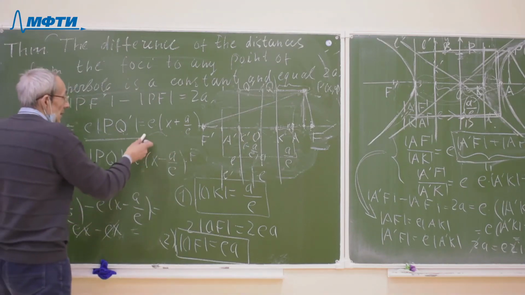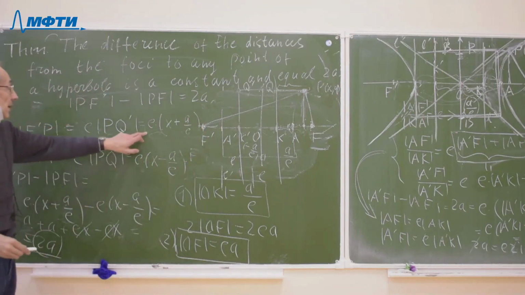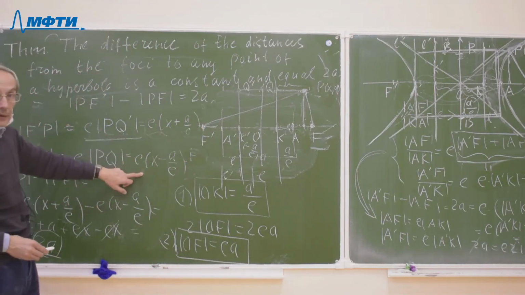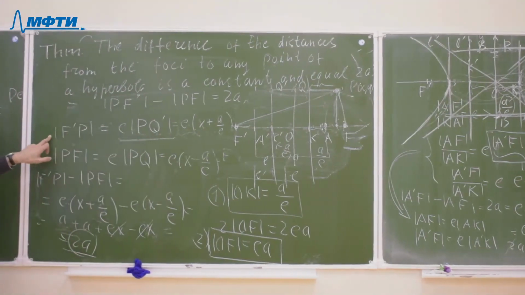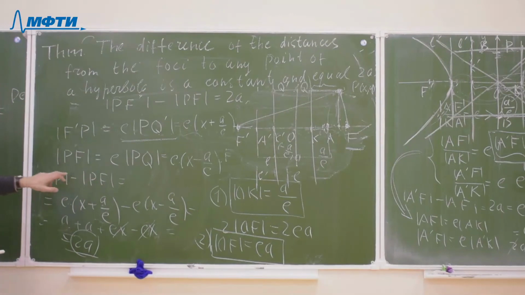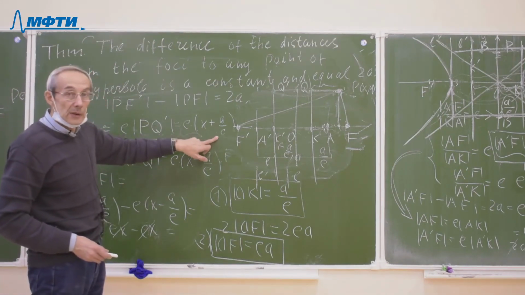And we subtract from this expression this one, because this expression is equal to F prime P, and this expression is equal to PF. And we have the difference between these two expressions.